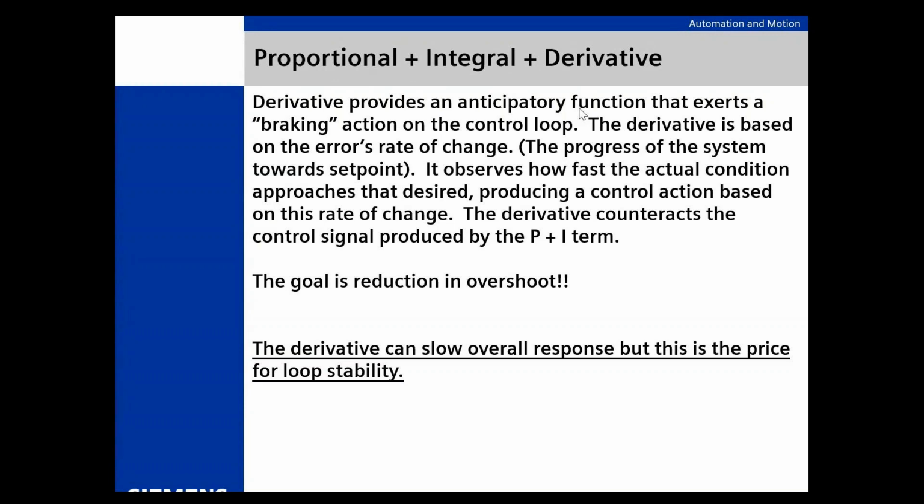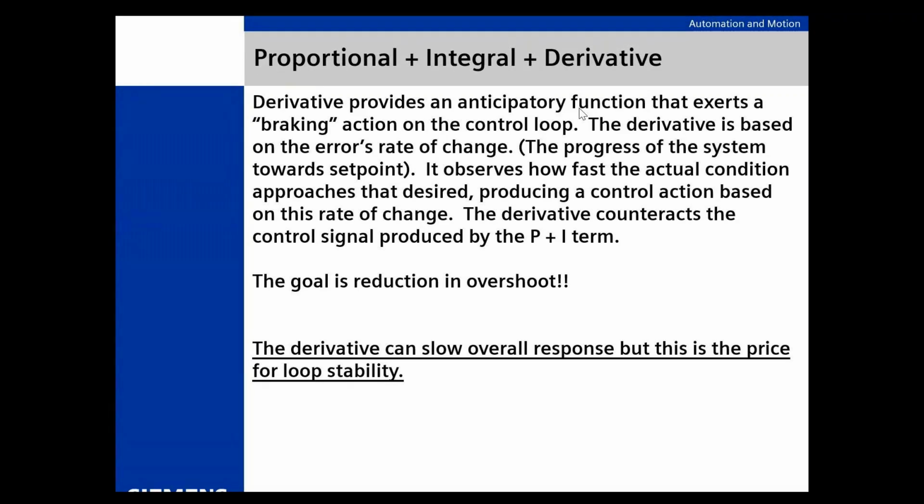For all intents and purposes, the derivative is just a braking action. Okay, it's also a time-based thing, but it looks at not the magnitude of the error, but the rate of change of that error. How fast is the control signal going? How fast is it correcting the error?